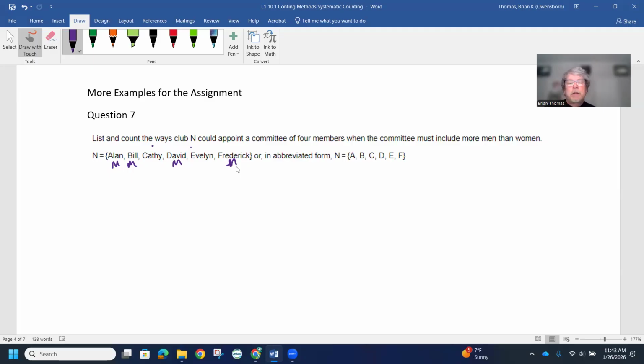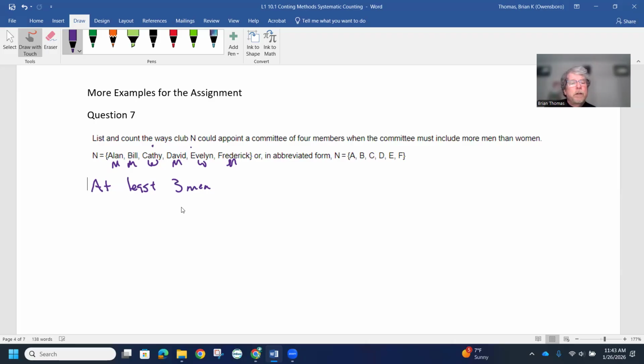But to be more men, since there's 2 women, I have to have at least 3 men or 4 men. So my logic is we have to have at least 3 men in the committee.